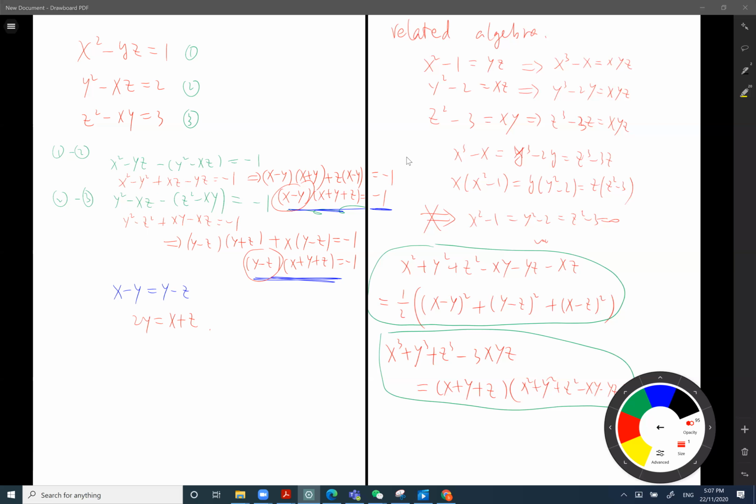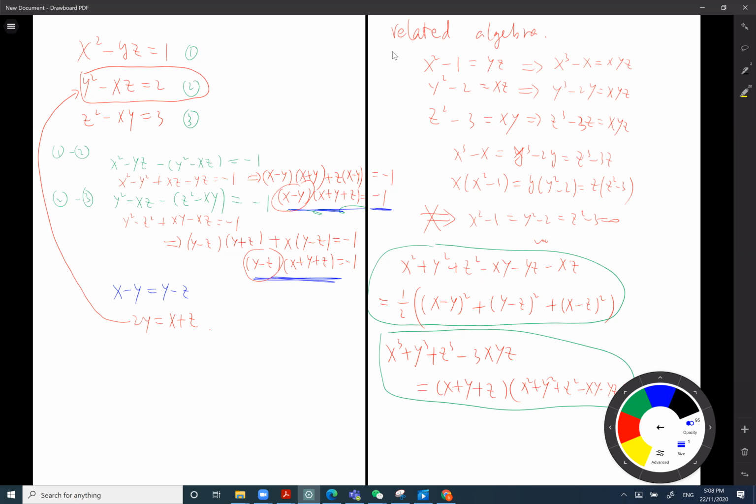Yes. Okay, we substitute this one into here. Because you have y in terms of x and z. Okay, we substitute this one first. Have a look. Later we can try to substitute into the first equation and have a look.